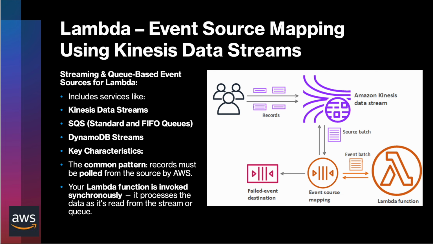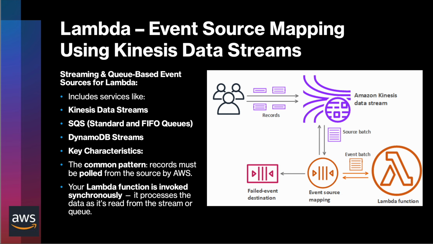The common denominator of all these is that the records need to be pulled from the source. So the Lambda needs to ask the service to get some records, and then the records will be returned. That means the Lambda needs to poll from the services.